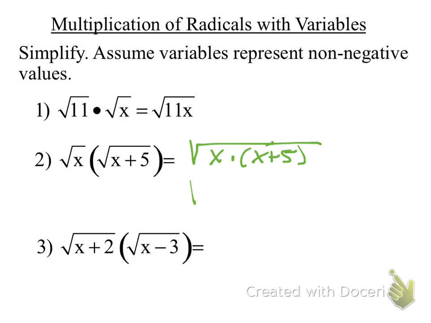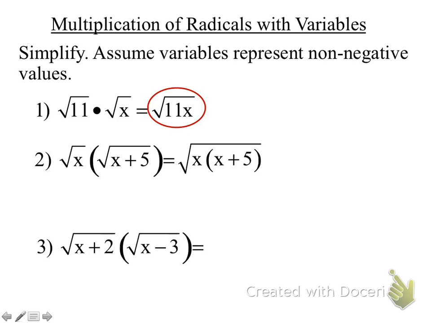And what does that simplify to? Radical x squared plus 5x. Can that be broken down anymore? Can we break that down? You can break down the x squared into x, but that's a binomial now, so I can't take part of it. Can't break that down.